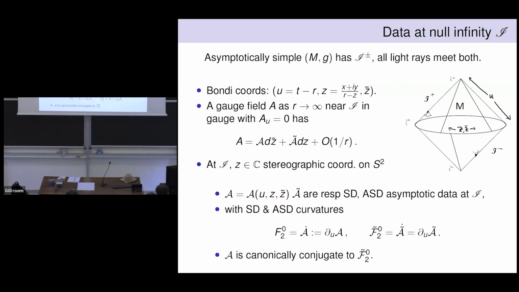It's well known that you can pick out the self-dual and anti-self-dual curvatures, and F02, and then there are really three components to the curvature, and these can be given in terms of derivatives of the A. So these calligraphic A's determine everything in the asymptotic data of the Yang-Mills field.